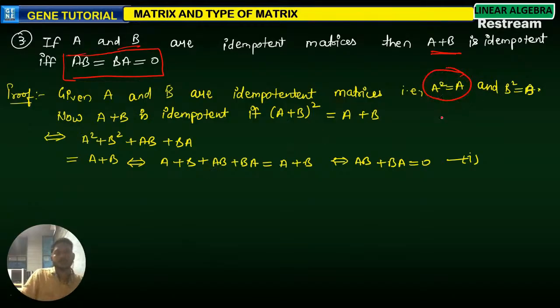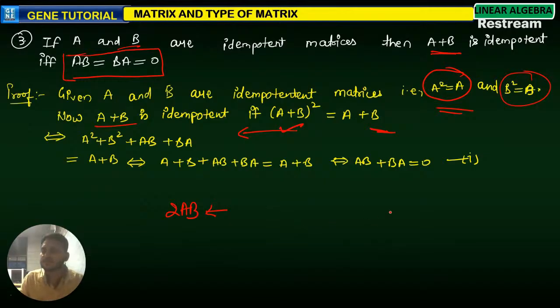By definition, A square is equal to A, B square is equal to B. Now their addition is idempotent if and only if (A plus B) whole square is equal to A plus B. To derive this formula, (A plus B) whole square is A square plus B square plus AB plus BA, because here there is no process like 2AB for these types of matrices.